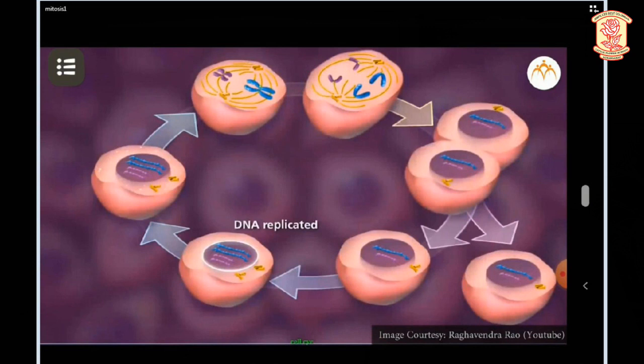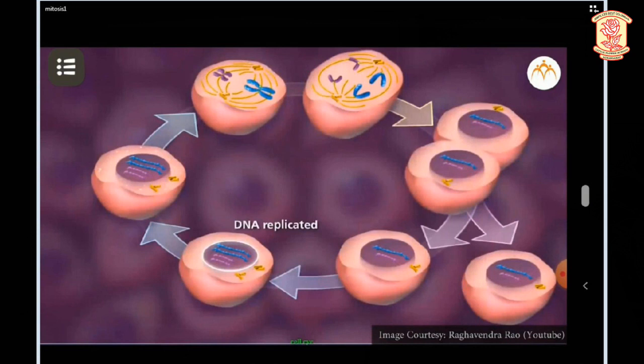My dear students, to know the exact changes taking place in a cell, I am going to show you a video clip of mitosis. Mitosis is the first type of cell division. Please make the best use of it by observing.